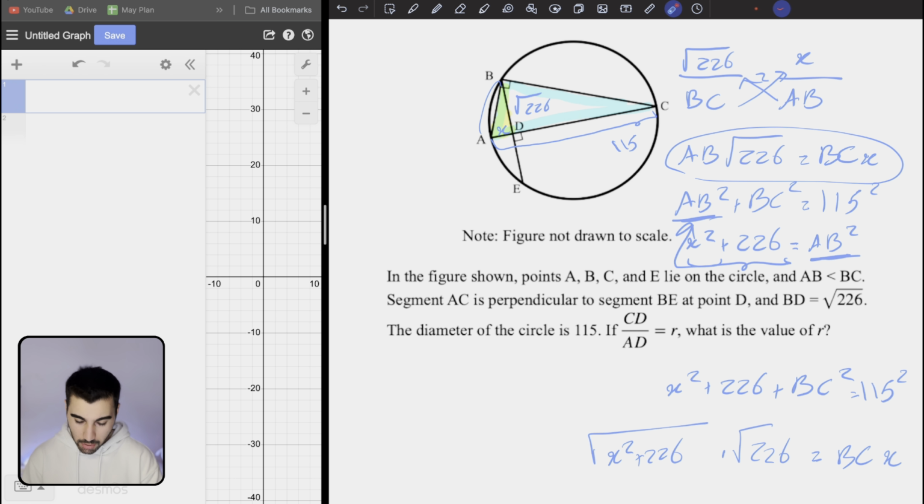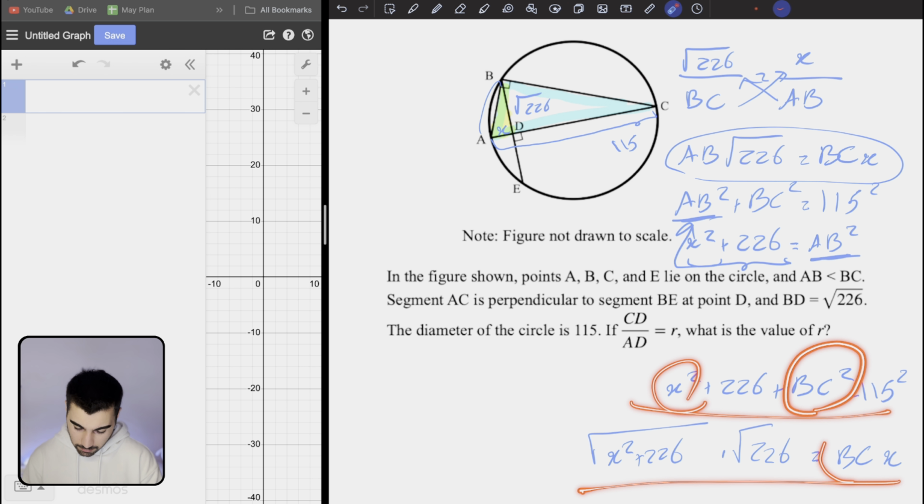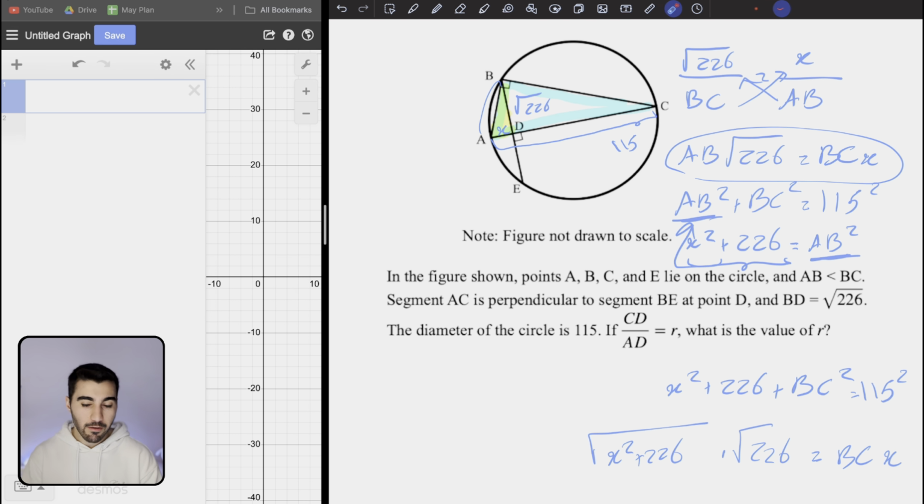Now we have two equations, this and this. Both of them are in terms of BC and X. Okay. Now we can put this into Desmos and Desmos is going to solve it for us. Rather than BC and X, I'm going to put Y and X. Then it's going to work on Desmos because Desmos doesn't know what is BC. So we have to put in terms of X and Y.